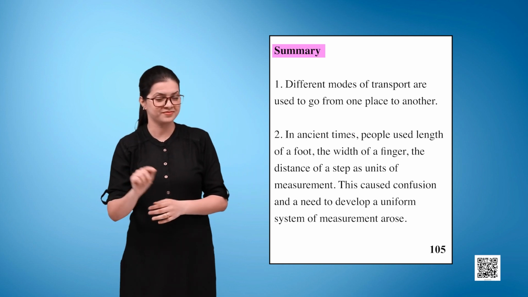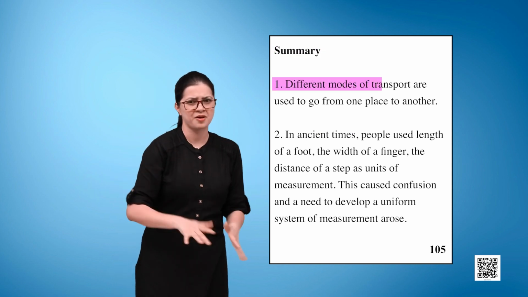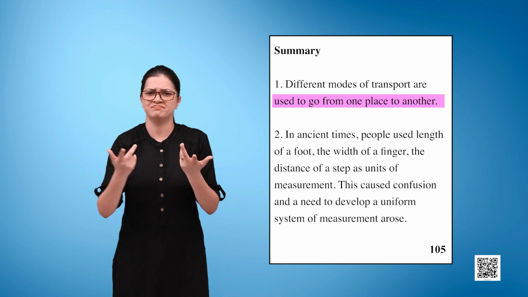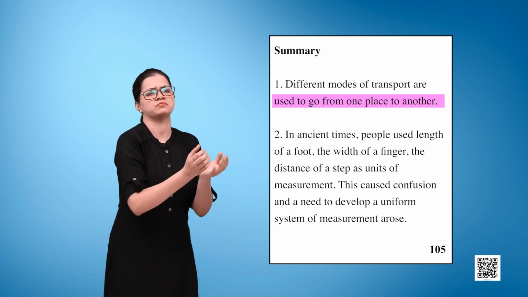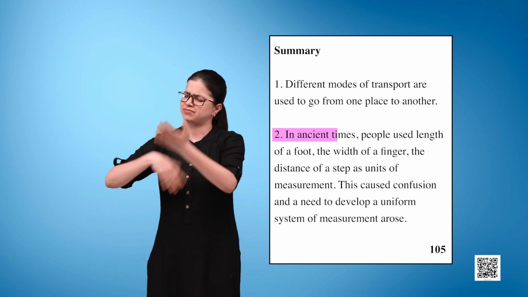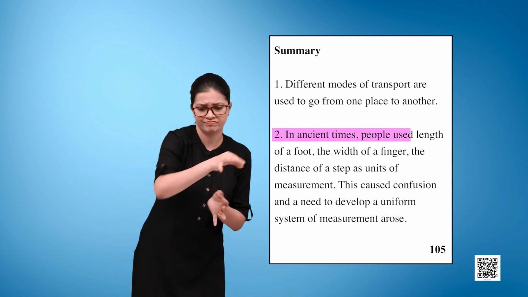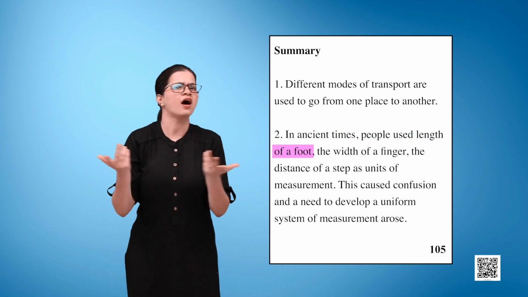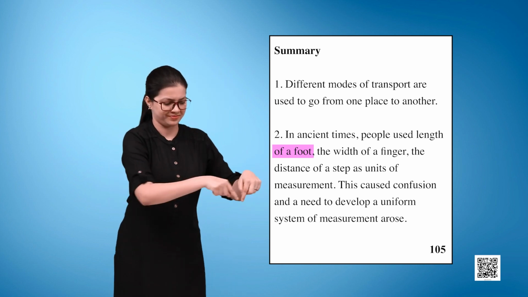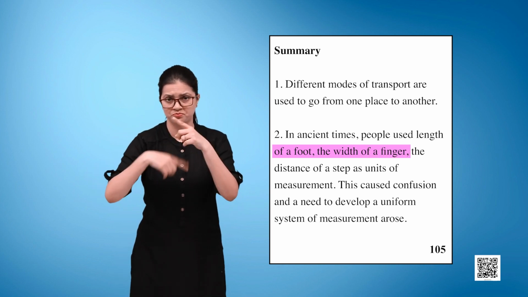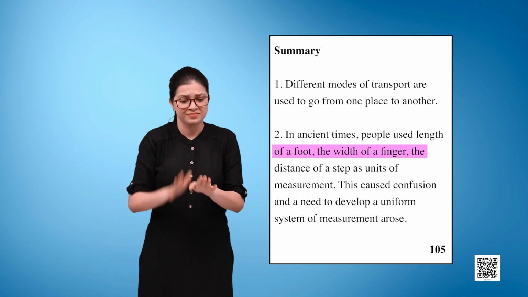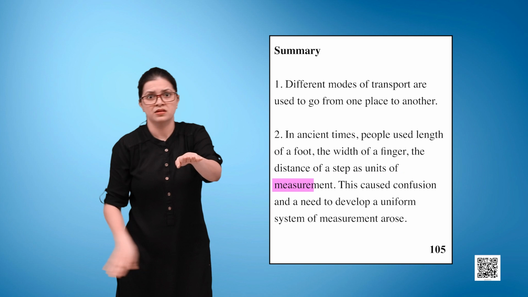Summary. Different modes of transport are used to go from one place to another. In ancient times, people used length of a foot, the width of a finger, the distance of a step as units of measurement.